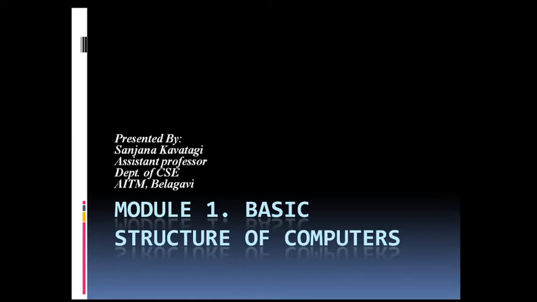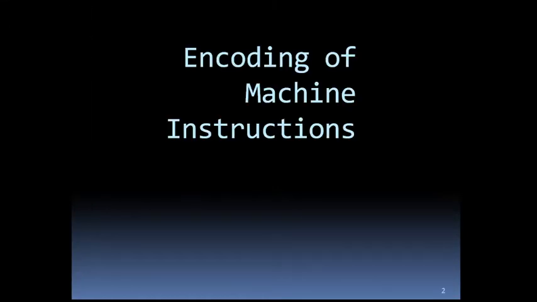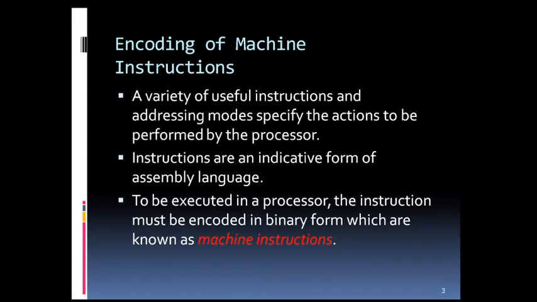We shall study encoding of machine instructions in this video. We have studied various instructions and addressing modes. These instructions specify the actions that must be performed by the processor to carry out the desired task. Such instructions are called machine instructions.